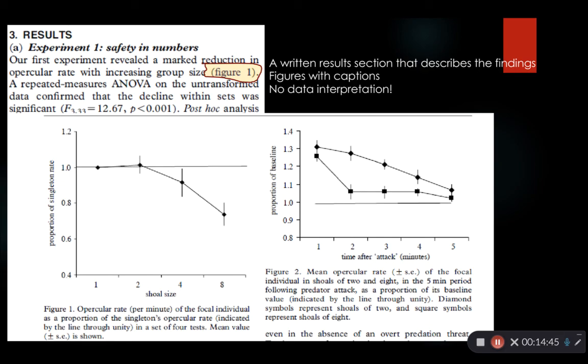All right. Results. Several things about the results. Number one, the results are written again in narrative form. So you have writing and you will have some figures. So the figures will be full-fledged figures with a graph and a caption. And in the narrative, you will be talking about your results and referring directly to your figures.